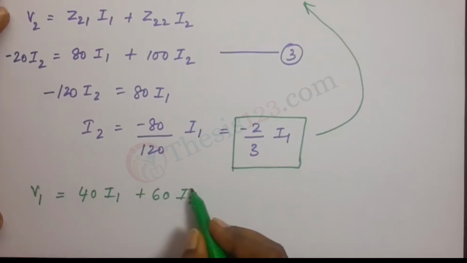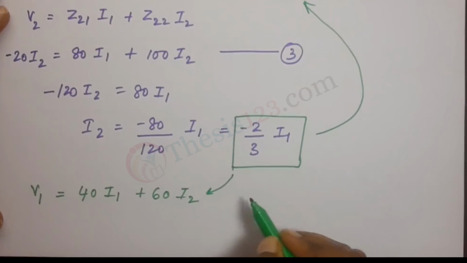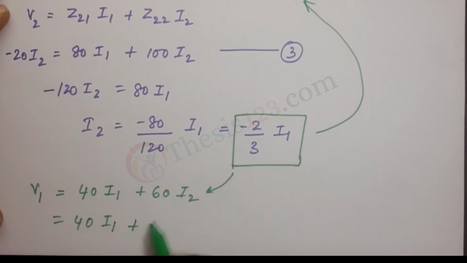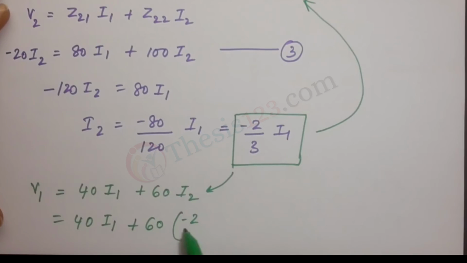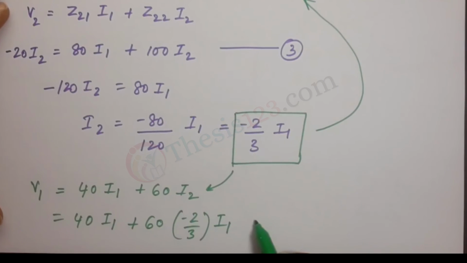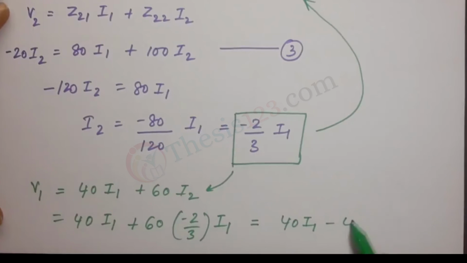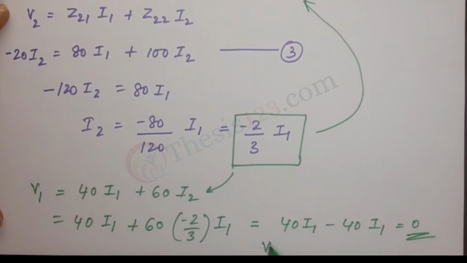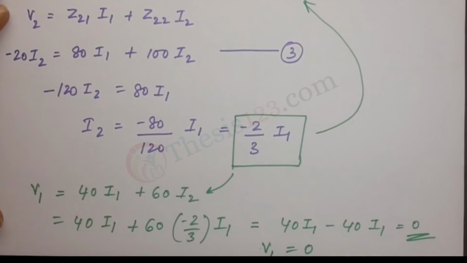In terms of I2, let's plug this in. We get 40 I1 plus 60 into minus 2 by 3 I1. So this results in 40 I1 minus 40 I1, which is 0. So this means that the value of V1 is 0.